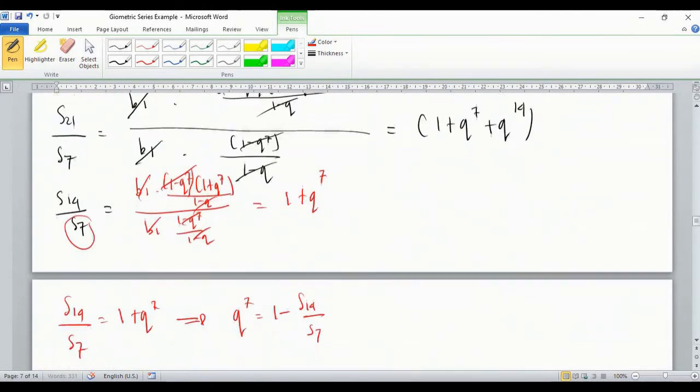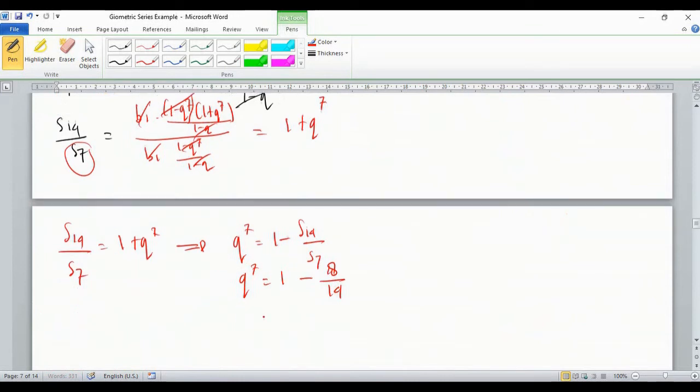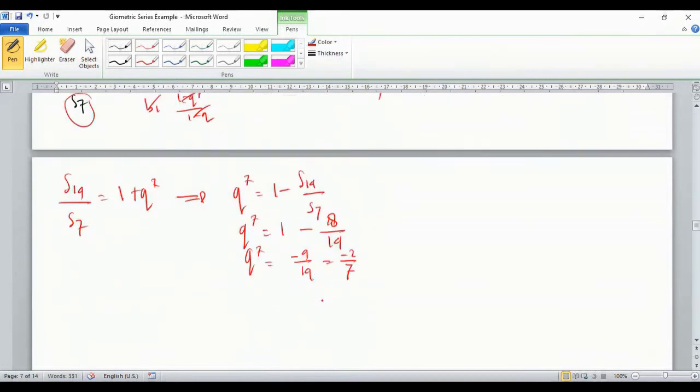So q power 7 equals 18 over 14 minus 1, which is 18 minus 14 over 14, that is 4 over 14, the same as 2 over 7.